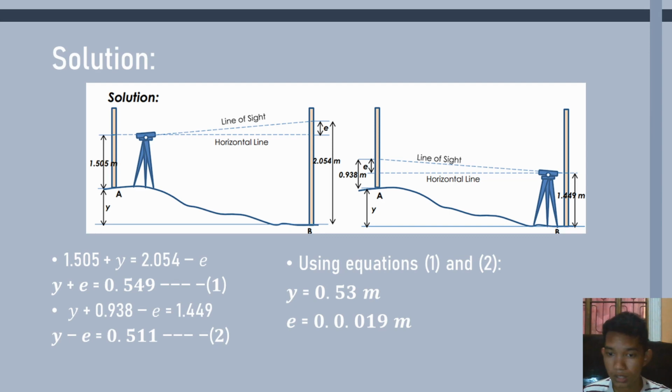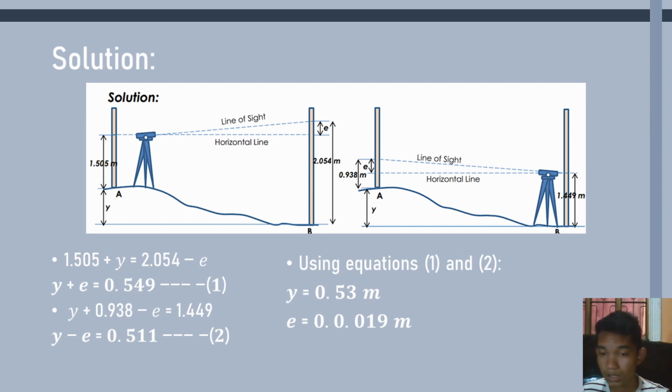For the rod reading on B, we have the equation y plus 0.938 minus e. This is minus e because the line of sight is below the height of 0.938 meters. So y plus 0.938 minus e is equal to 1.449. So we have equation 2: y minus e is equal to 0.511.